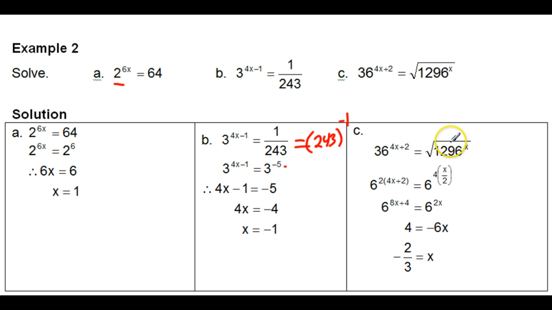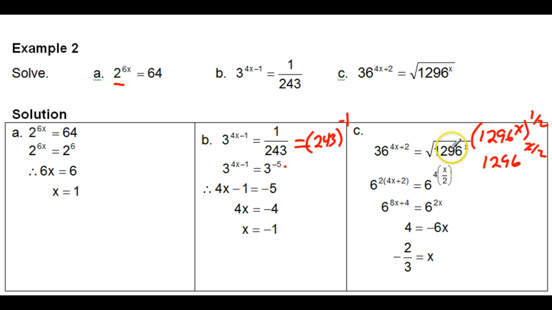And then last one, this is just a combination of a few of the ones we've seen. Again, this is essentially 1296 to the exponent x to the exponent 1/2, 1296 to the exponent x halves. Sorry, I got a little bit ahead of myself here.